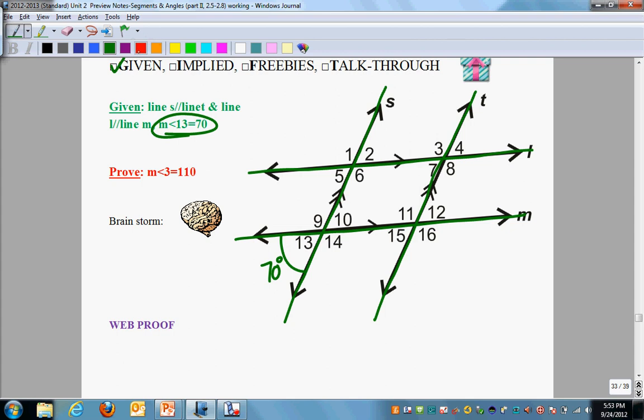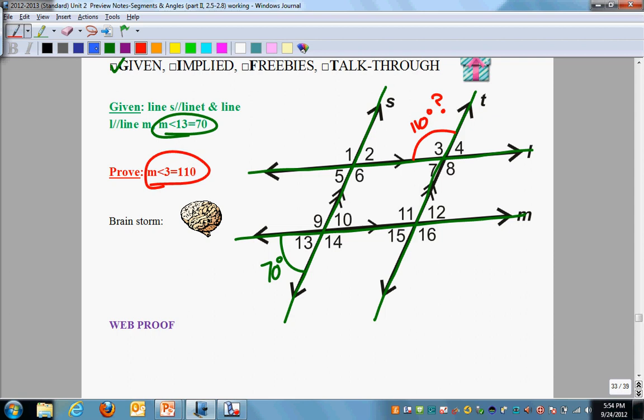Let's look at our target. Our target is we want to figure out, given this circumstance, how do we know angle 3 is 110? So I'm going to come over here, put 110, and put a question mark by it because that's our target.